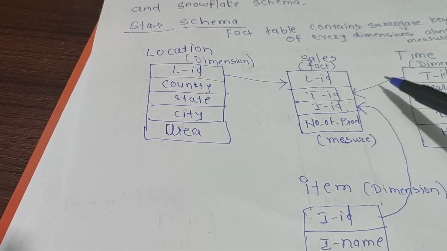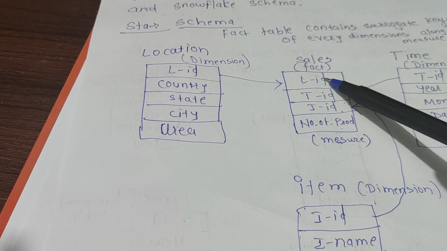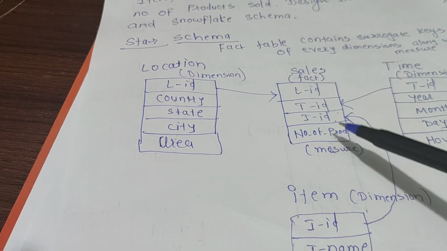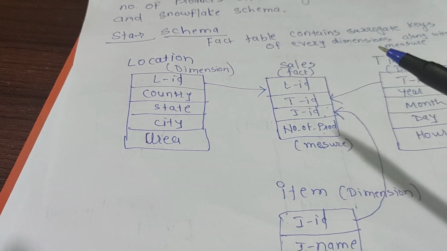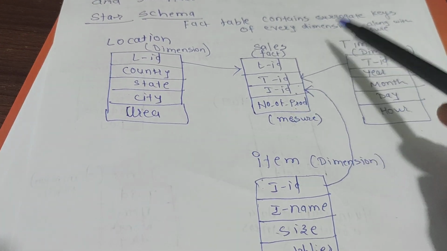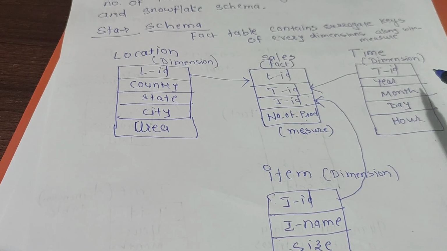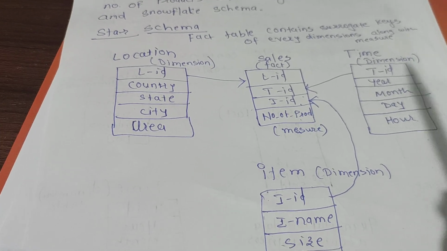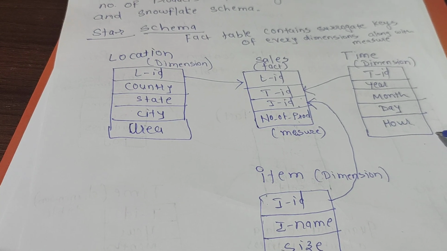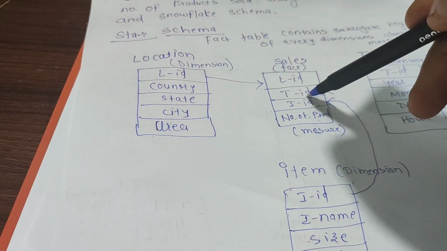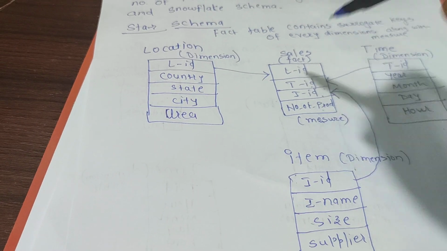Only primary keys or surrogate keys are included in the fact table. Therefore the fact table is deeper. So that's why we call the fact table deeper and dimension tables wider, because we have more detailed information in the dimension table compared to the fact table.